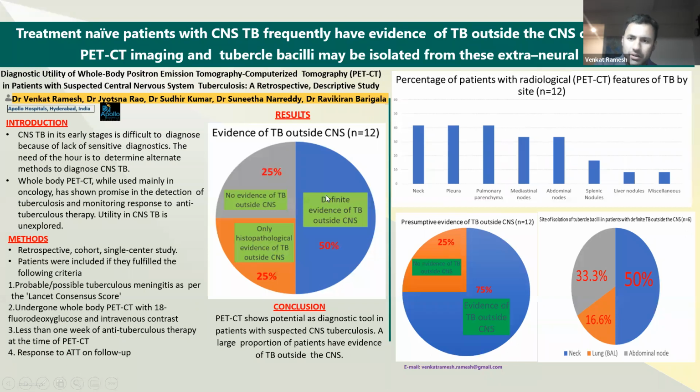And we often say that tuberculosis is a disease where there is no test that will help you completely exclude tuberculosis. And the best way to exclude tuberculosis is a definitive alternate diagnosis. So most of these patients actually had cervical lymph node involvement, pleural involvement, some of them had parenchymal pulmonary involvement, mediastinal nodes, etc.